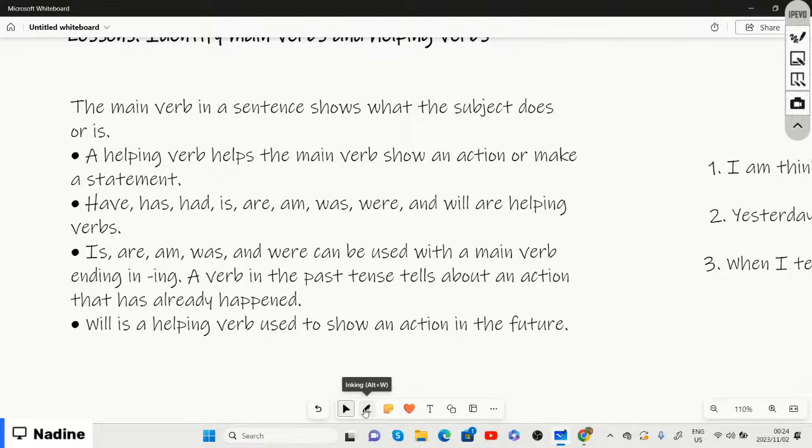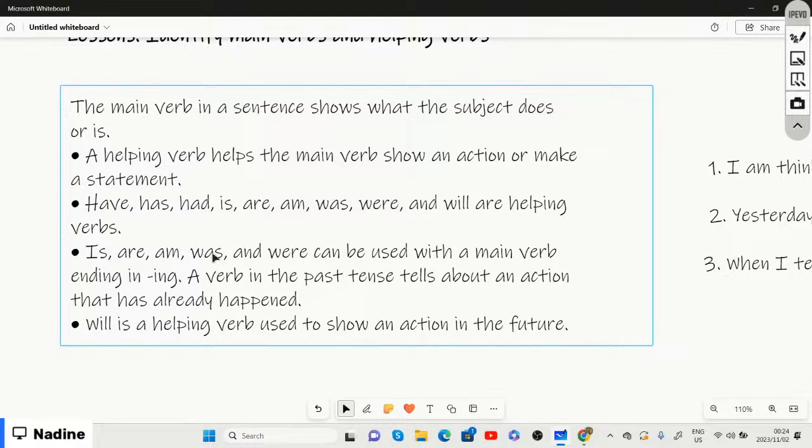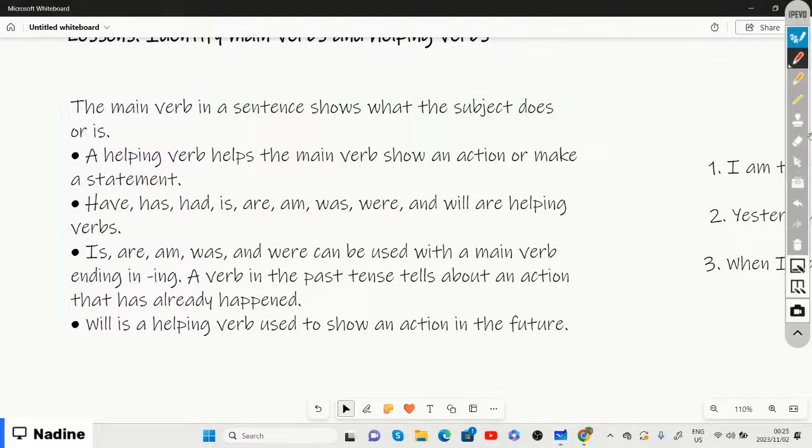As soon as I want to show the action that took place in the past, then I can say, the boy was playing PlayStation. But the word was is the helping verb. So was is the helping verb that helps the main verb to show the action that's taking place, and specifically, let's say in the past.